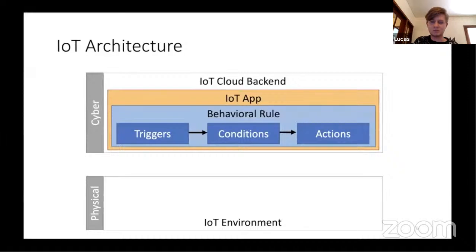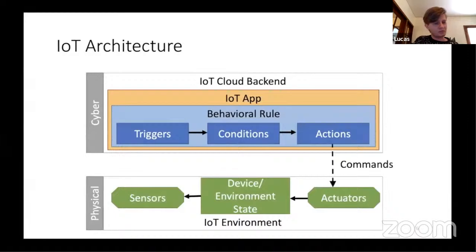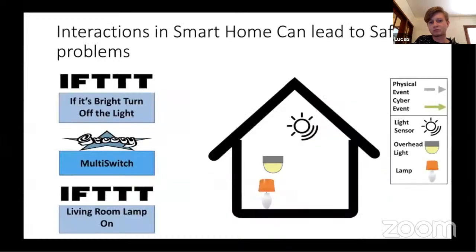Those actions will be sent out to the physical environment where we have actuators and sensors. The actions will be sending commands to the actuators. The actuator will be executing those commands. This will be affecting the IoT environment and generating new events that will be triggering new behavioral rules.